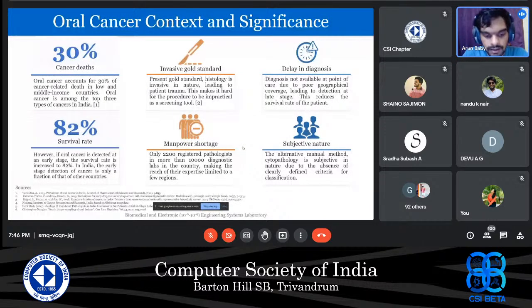As I told before, here also histology is the gold standard. But histology is really invasive, where you have to cut part of a person's body out.